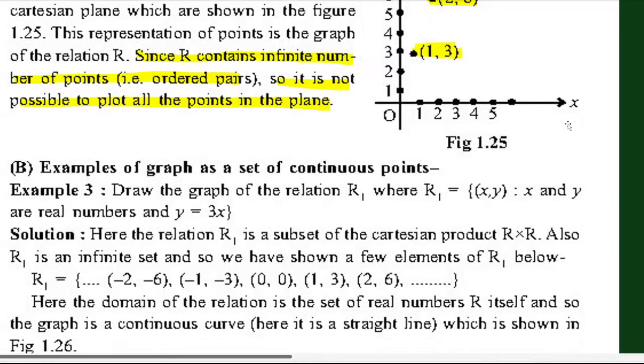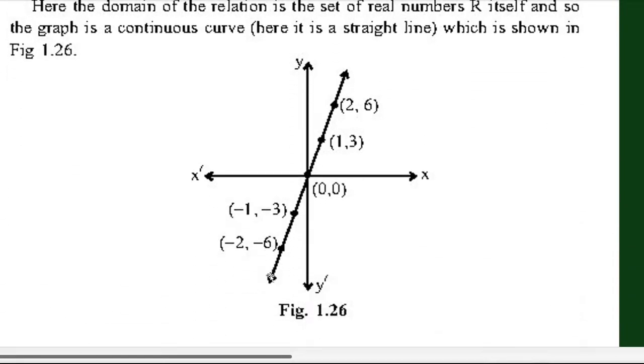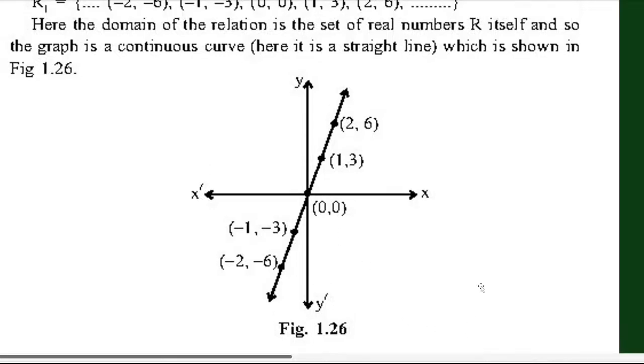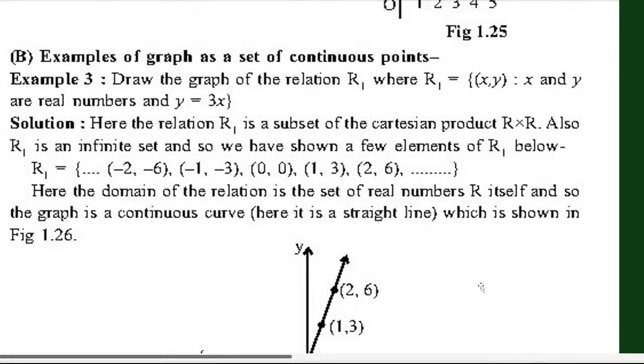Now comes the set of continuous points. If you join them, this becomes your curve, a line, which is continuous. So we are given a relation R1: (-2, -6), (-1, -3), (0, 0), (1, 3), (2, 6).